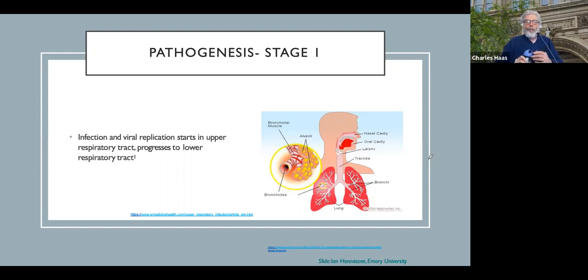Viral replication can start in the upper respiratory tract, and then the virus proceeds both with respiration and with mucal flow down to the lower respiratory tract, and really focuses on the alveoli, the very, very small parts of this scheme, and the somewhat larger bronchi. And that's where the predominant respiratory infection occurs.